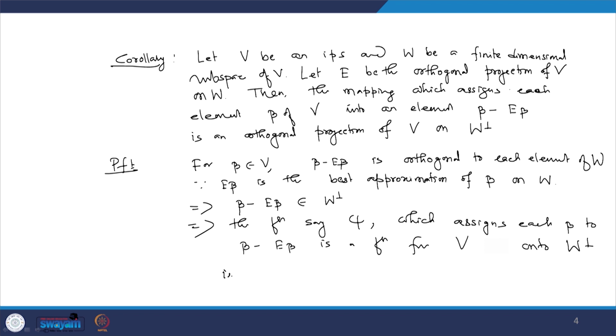That is, psi is a function from V to W complement defined by psi of beta equal to beta minus E beta. Now the claim is that this function psi, which maps beta to beta minus E beta, is basically the orthogonal projection of V on W complement.